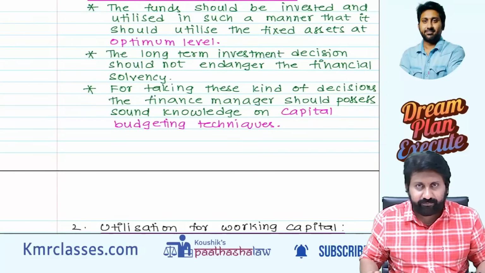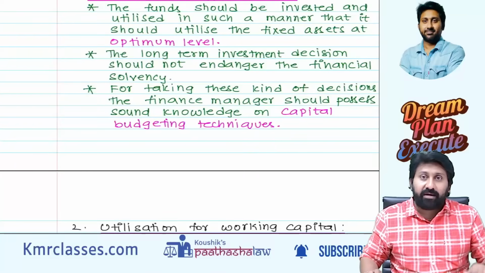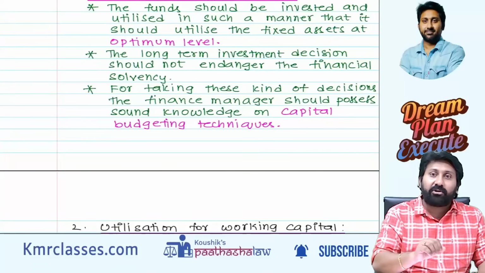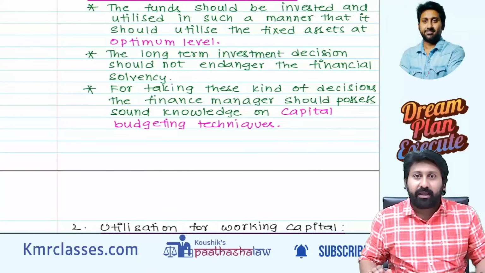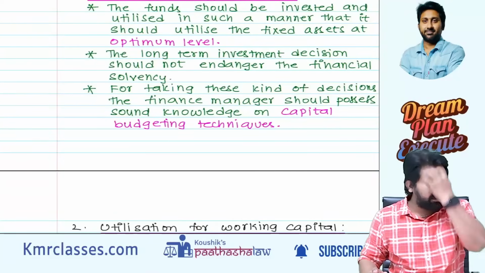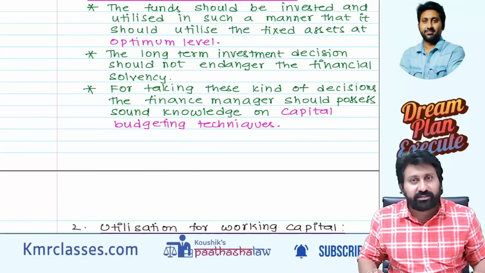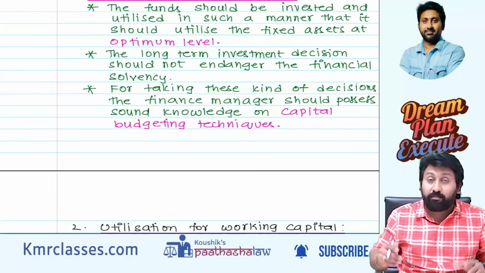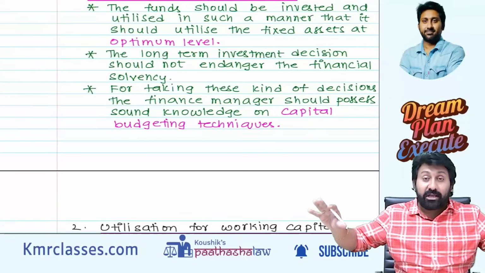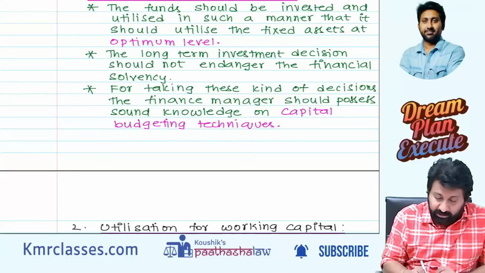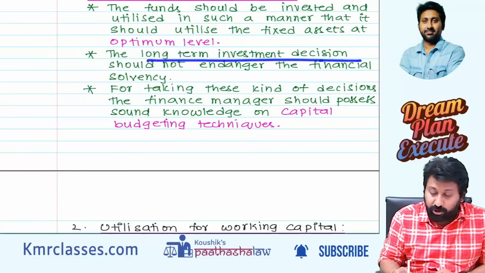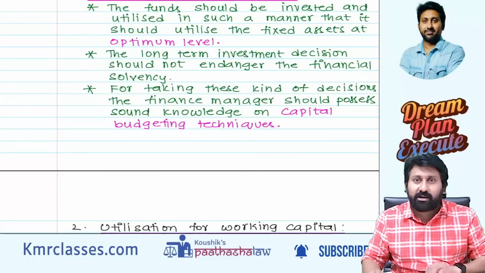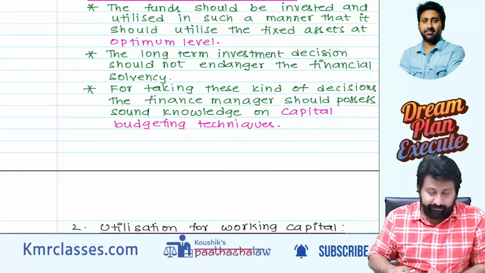Now what if I purchase 4 machines and use each for 50,000 units, producing 2 lakh units? Is that right? 100% wrong, because more finance is invested in 4 assets, though 2 assets can do the same thing. So a long-term investment decision should not endanger your solvency. The company should not become insolvent after investing in the assets.